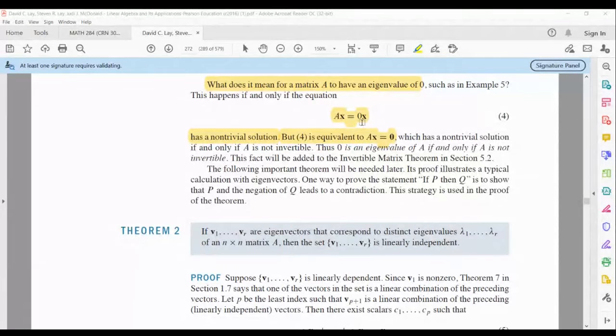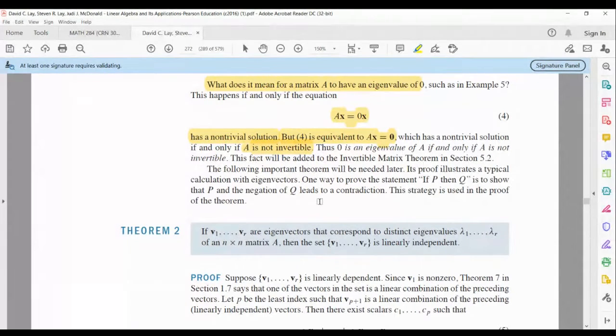Zero is an eigenvalue if and only if the vector x has to be non-trivial. In other words, the vector x can't be the zero vector if zero is an eigenvalue. Well, that would only happen if the matrix A is not invertible.